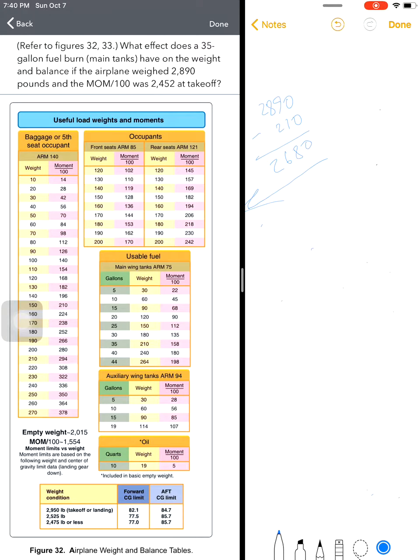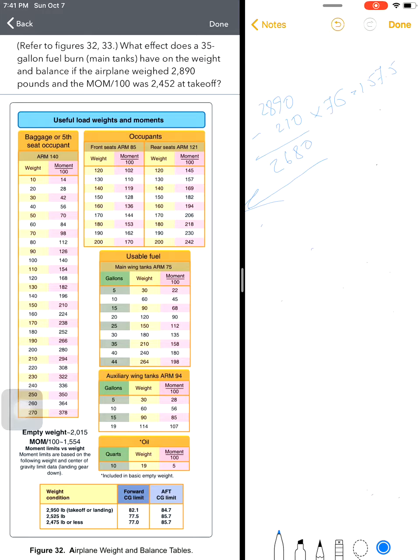Then take a look at this thing here. The 210 pounds of fuel coming off, usable fuel. 210 pounds multiplied by 75 equals 15,750, divided by 100 equals 157.5.